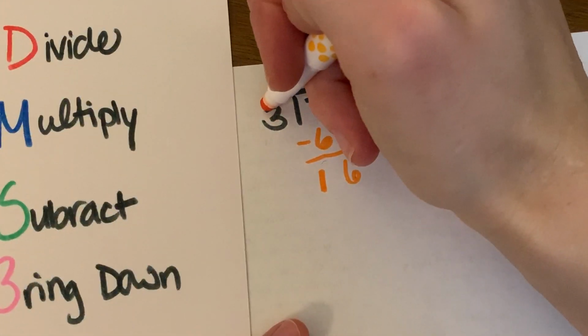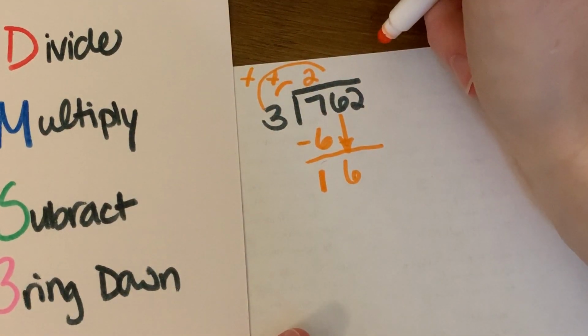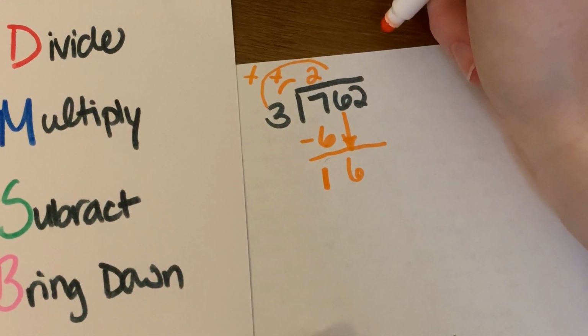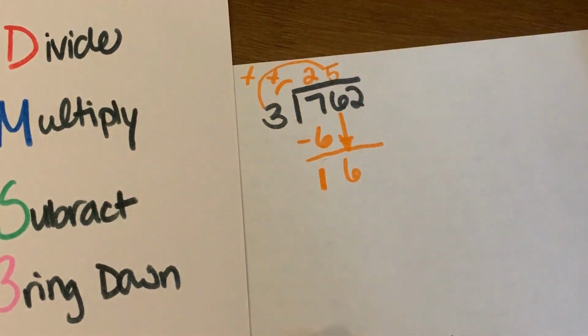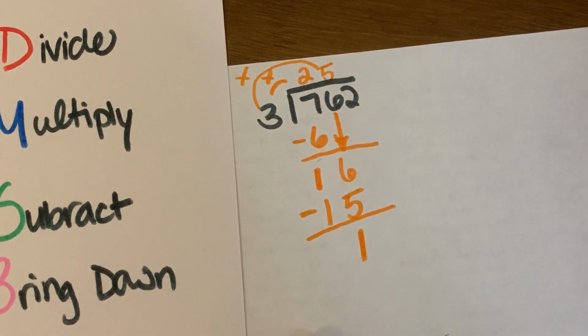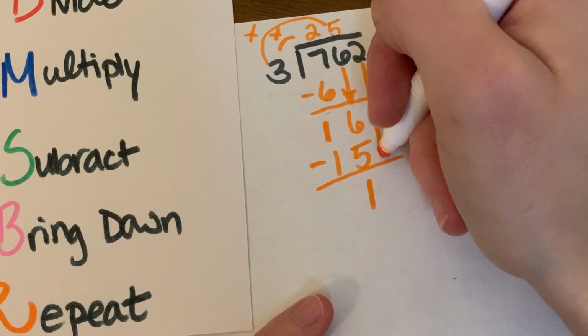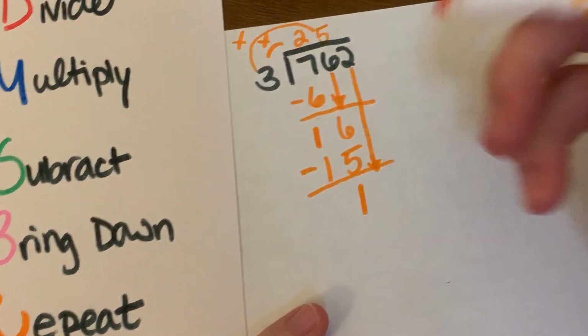Okay, well, nothing comes out evenly. So 3 times what gets me as close to 16 as possible? Well, 3 times 5, that's 15. I'm going to subtract 15, and I have a 1. All right, now there is something still to bring down, so we're just repeating the process.